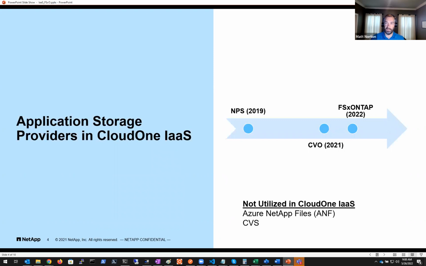So this is a simple timeline of NetApp IT's journey within our Cloud One hybrid cloud portal for our application storage, right? So we started in 2019 with NPS, and some of you may not know what NPS is. That's NetApp Private Storage.